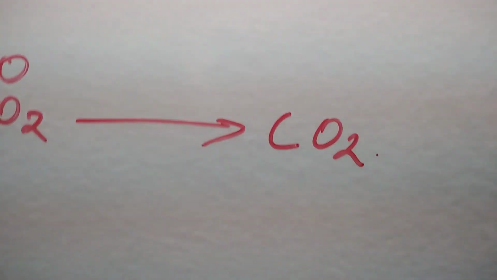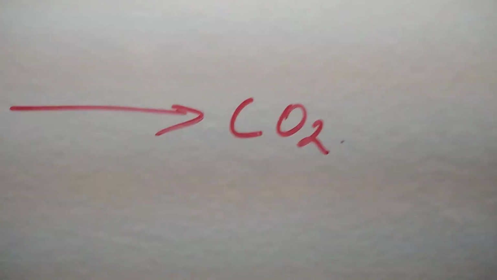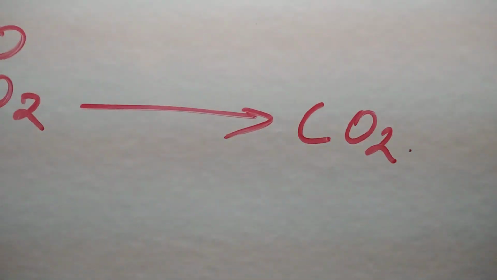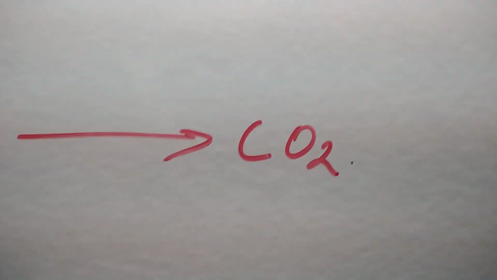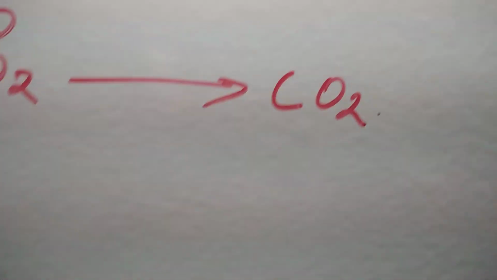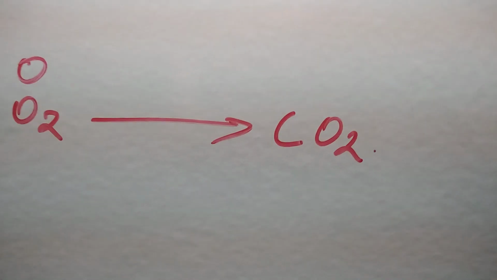But don't mess up here. Ion is different and oxidation number is different. The charge of an ion is different from what we call the oxidation number. We are talking about the oxidation number, not the charge of any ion.